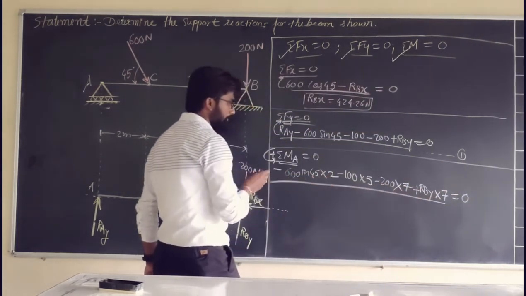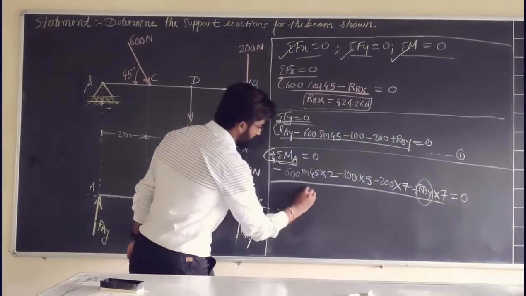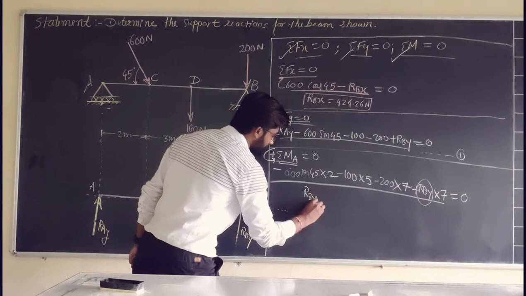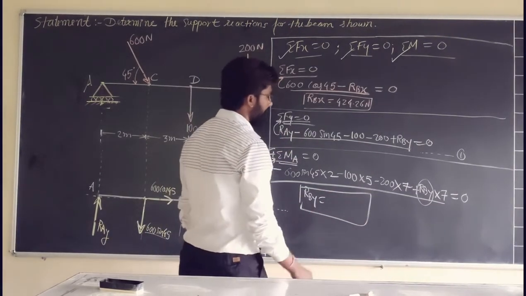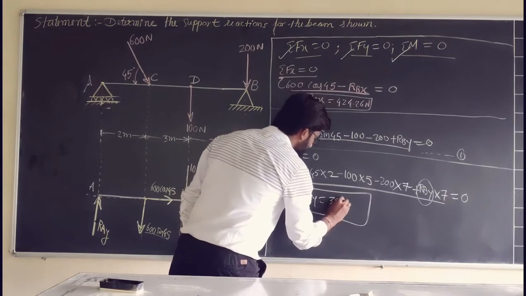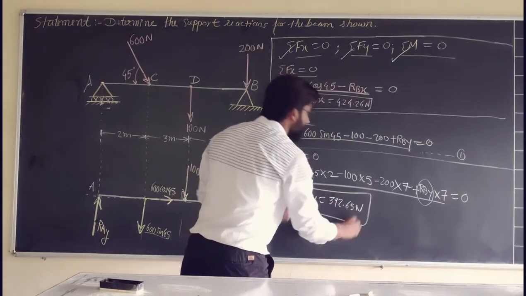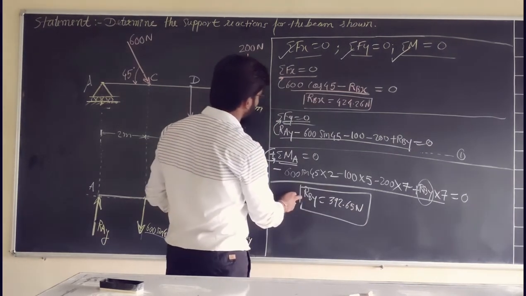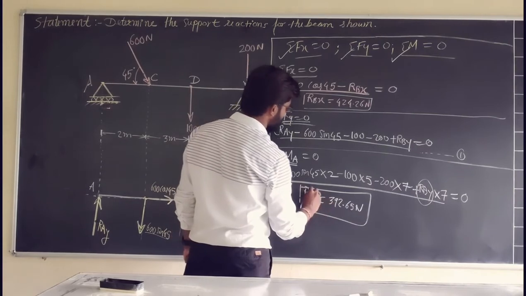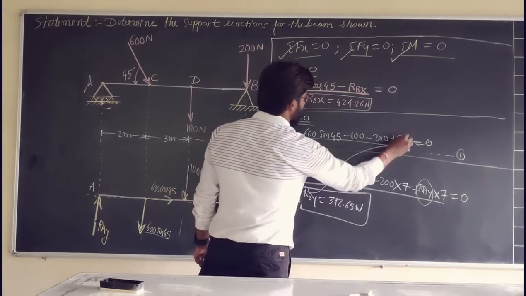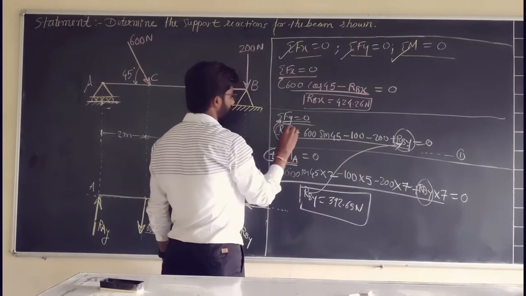In this equation, the only unknown is RBY. You can get RBY from this, and you should get it equal to somewhere close to 392.65 Newton. Once you have got RBY, you can put it in the first equation, which we already discussed. Once you put it here, the only unknown in this equation is RAY.